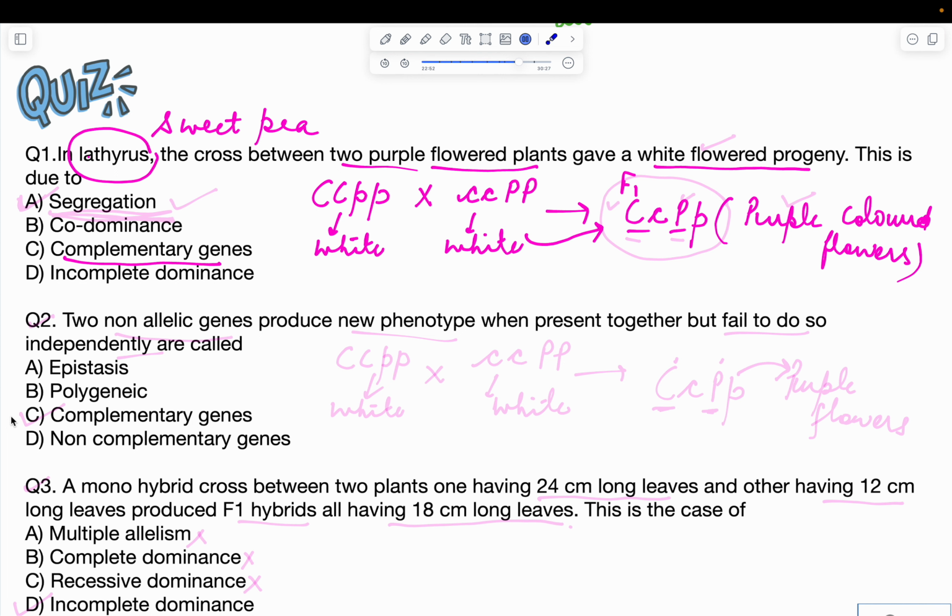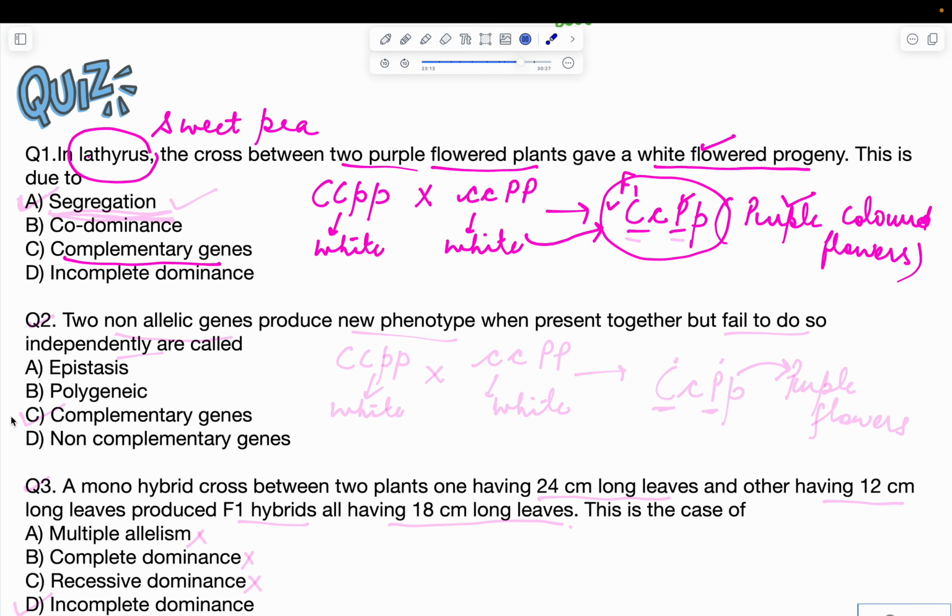This was possible because of complementary gene interaction. The two non-allelic dominant genes together produced a new phenotype. But now the question is, when two purple colored flowers were mated together, a white flowered progeny was produced. How is this possible? How can a purple colored flower give rise to a white colored flower?